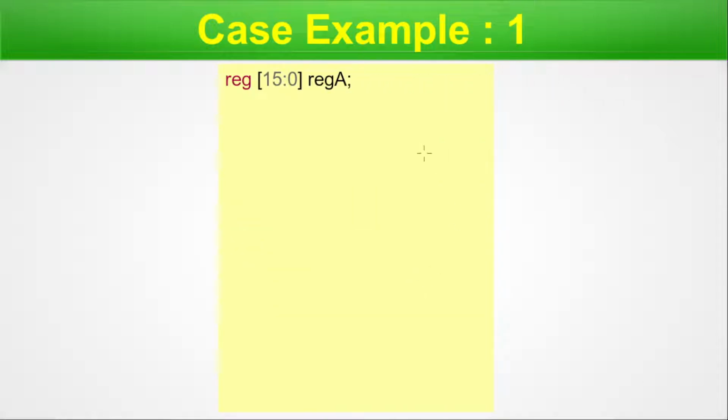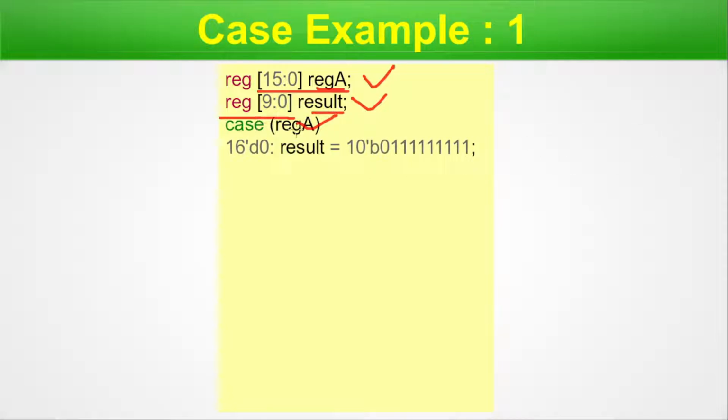First, we have the range A, which is 15 down to 0. We have result, which has a range of 9 down to 0. So both are buses. Then we start our case, and we have range A as the case expression, and the value which is possible for range A is 16'd0, and the action statement here is that the result will be this one.